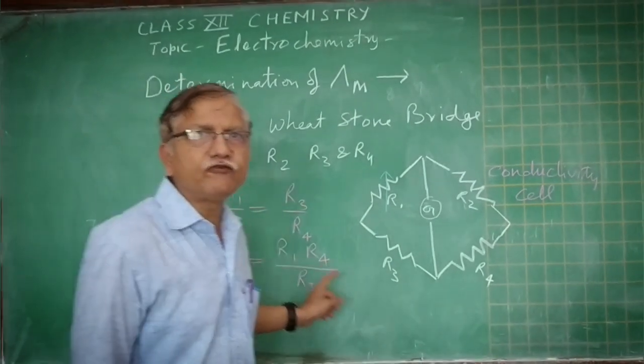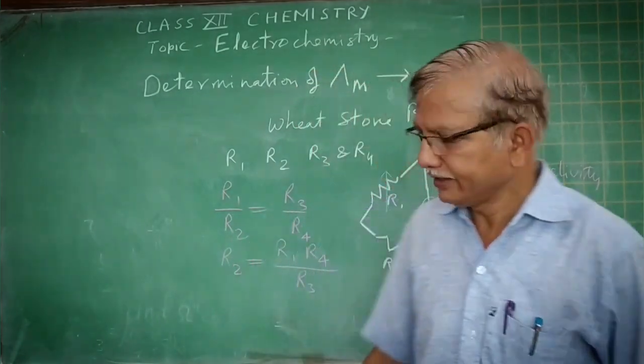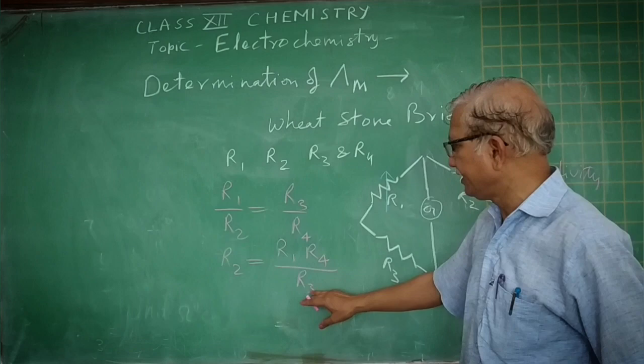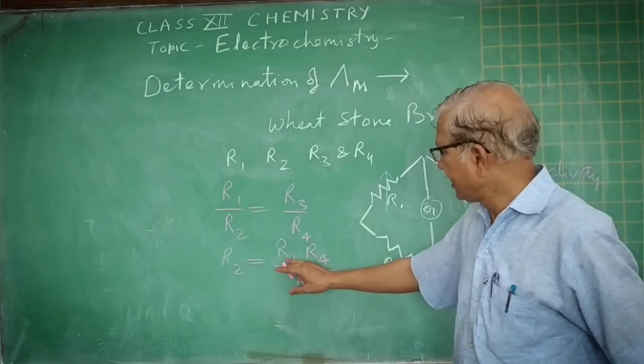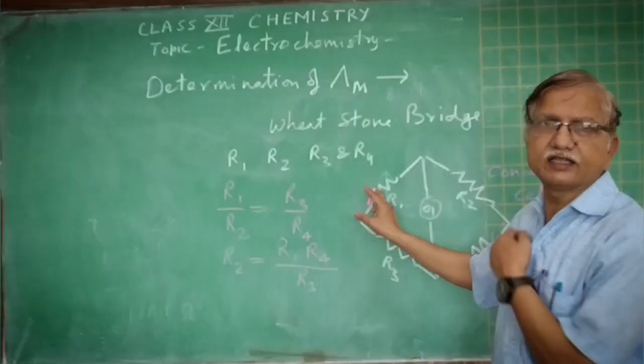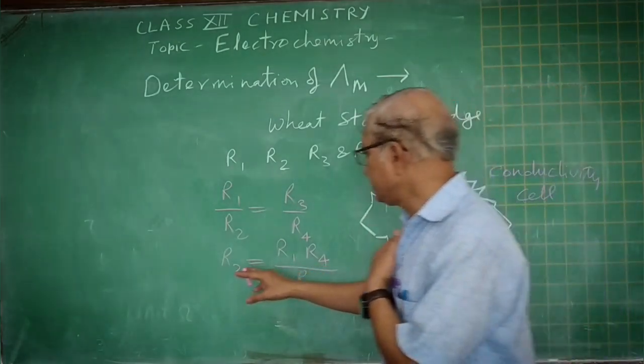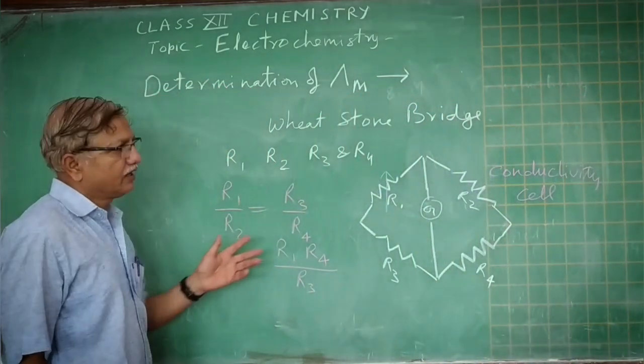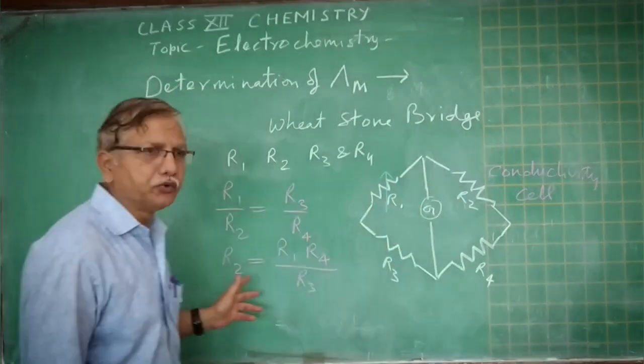Here R3 and R4 are known resistances, and R1 we can take from the rheostat. In this way we can calculate the resistance of the conductivity cell, R2.